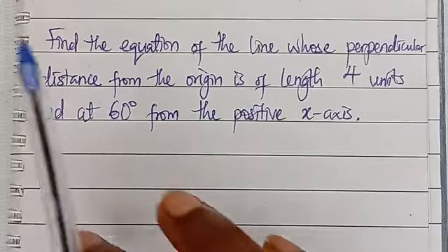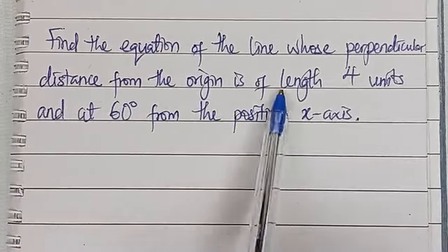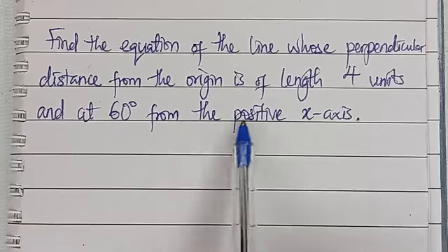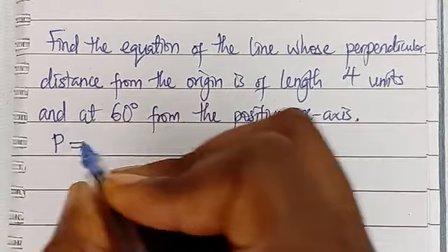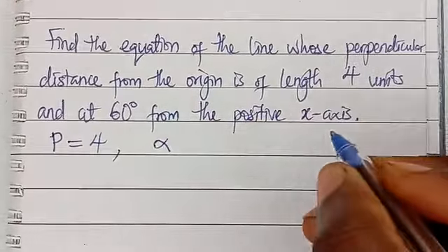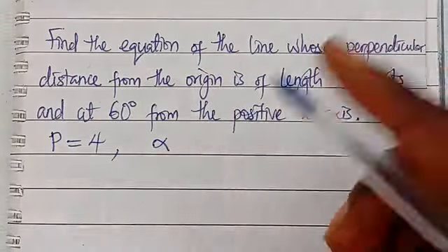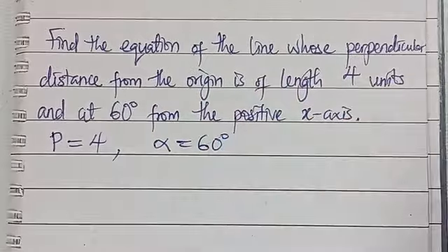Okay, we have that. Find the equation of the line whose perpendicular distance from the origin is of length 4 units and at 60 degrees from the positive x-axis. So here we have the perpendicular distance from the origin is 4 units, and then the angle that perpendicular line makes with the x-axis is 60 degrees.